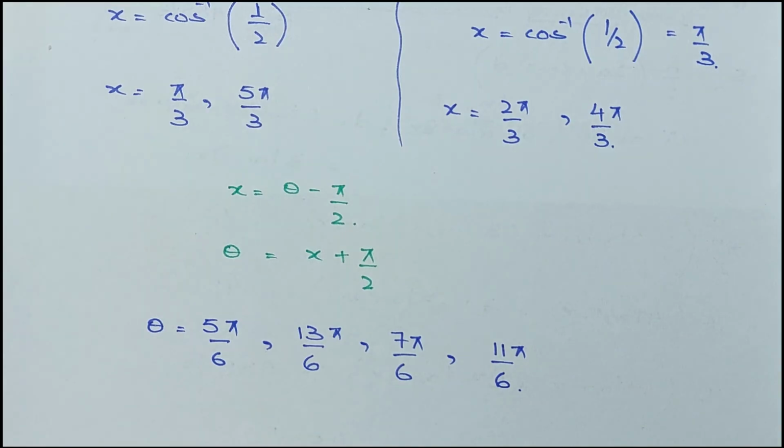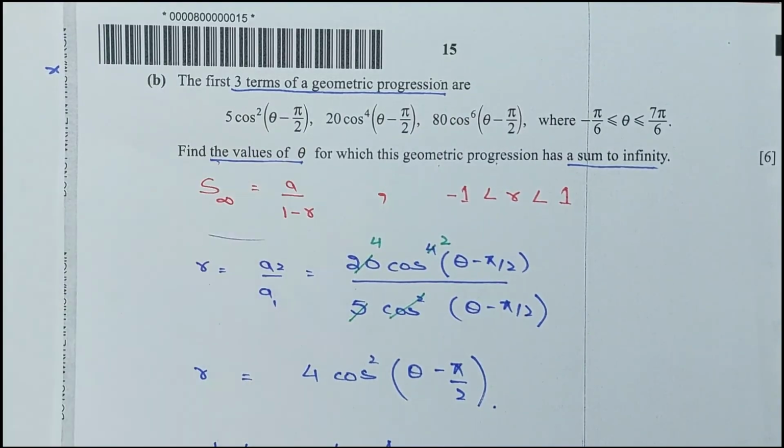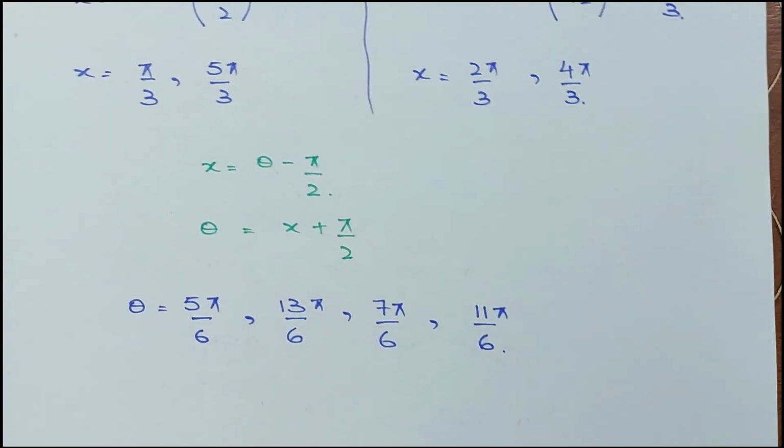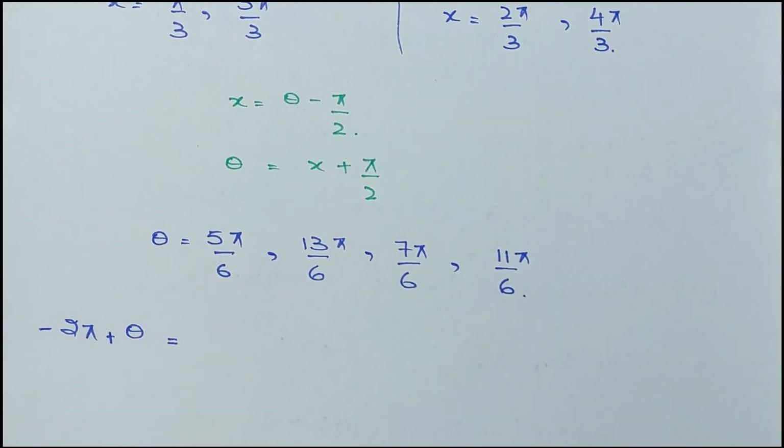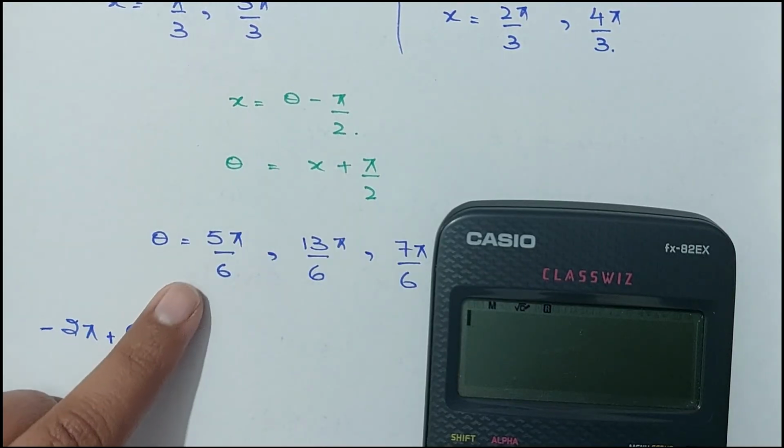So as you can see, in the angle we have theta minus pi by 2, so we have to subtract 2 pi in all these values, right? Theta minus 2 pi. So in all these values we have to subtract 2 pi.